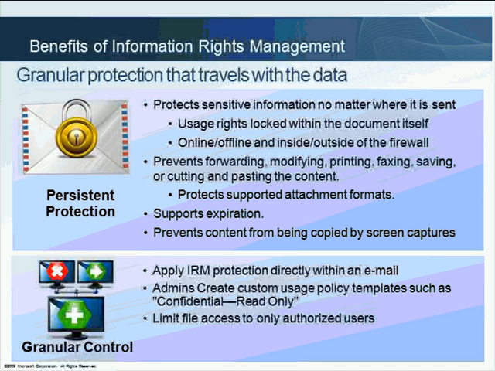So what it basically does is, every time you get any mail, it's protected, depending upon how you set it up as IRM protected. Your end-to-end confidential information is still confidential. Nobody else can access it. Only you have access to it. There are specific certificates related to every user through which they alone can access the mail. So it protects sensitive information no matter where it is sent. It prevents forwarding, modifying, printing, faxing, saving, or cutting and pasting.